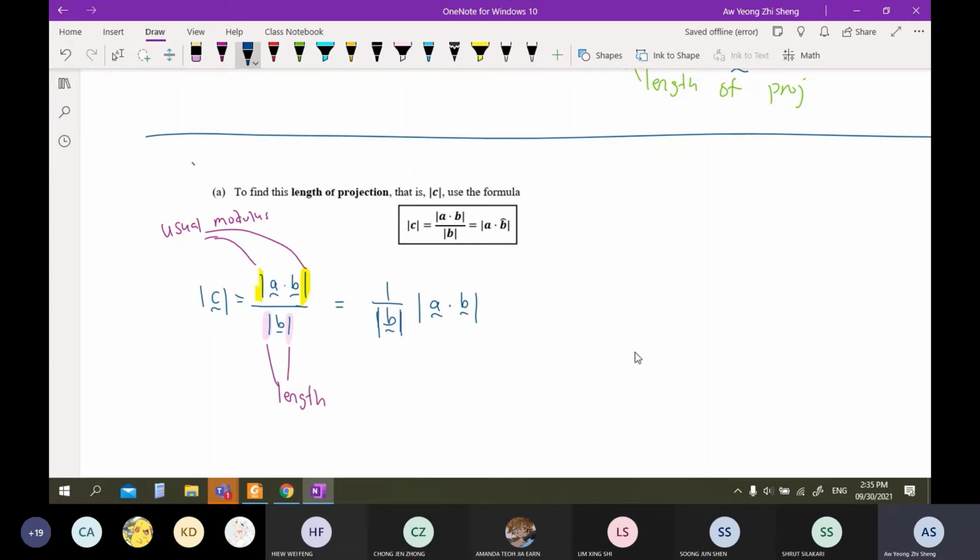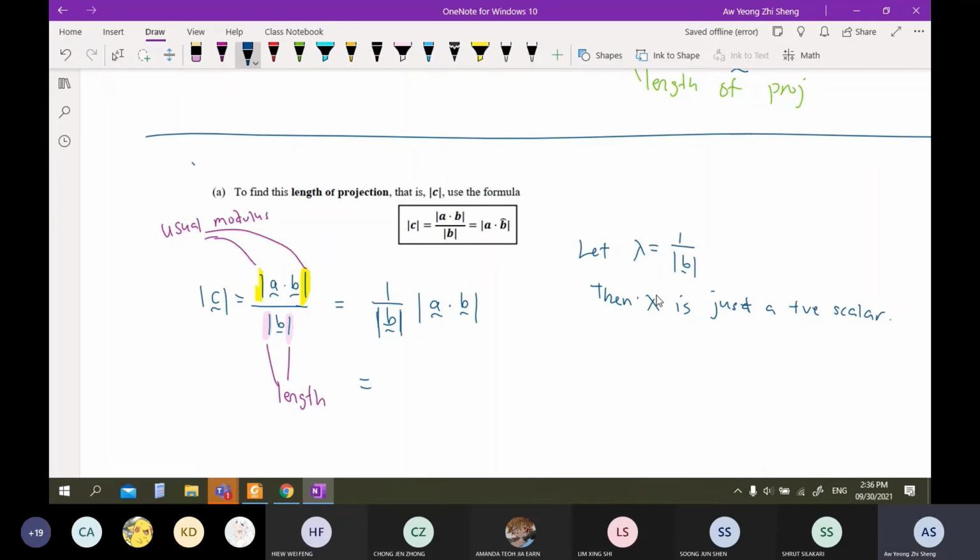Now to make sure everyone can see, let me just introduce lambda. I let lambda equal 1 over modulus B. But then what is lambda? It's just a positive scalar, because it's just 1 divided by a positive number.